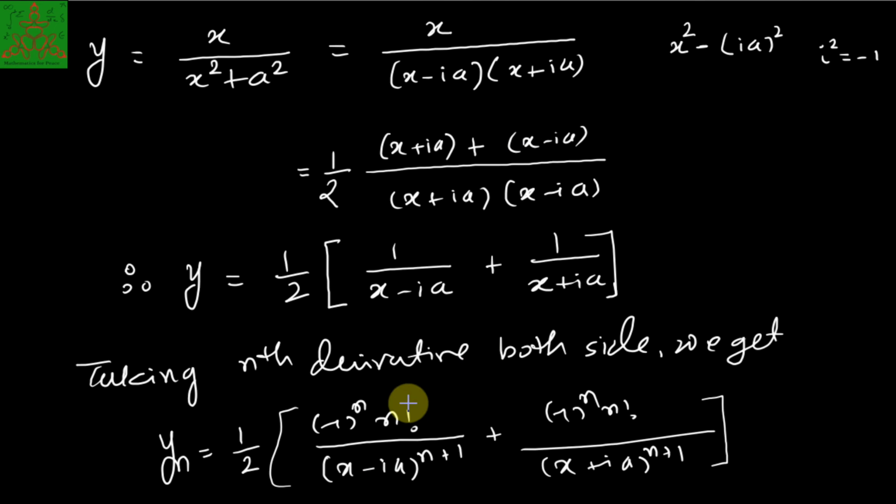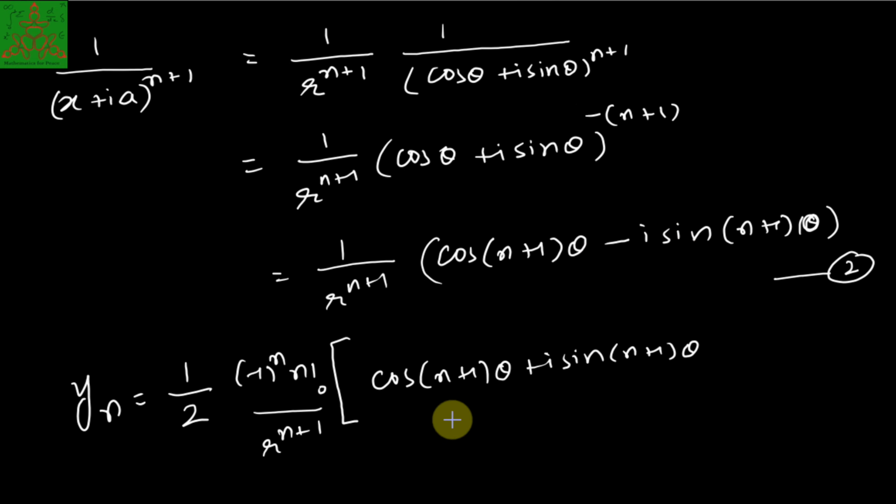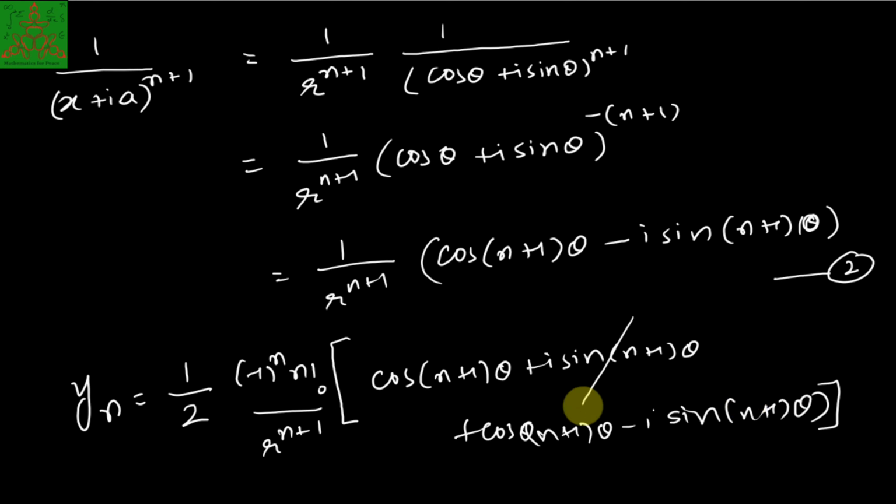That is the first quantity, and the second quantity is, in between the minus sign, cos n plus 1 theta minus I sin n plus 1 theta, and this gets cancelled.